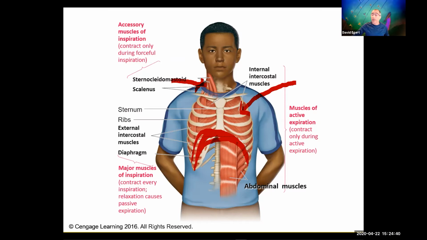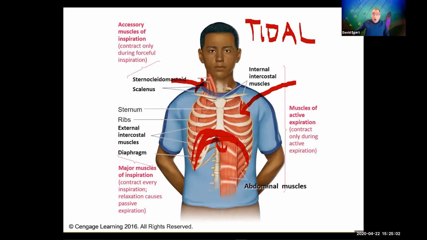For quiet breathing we call tidal breathing. Tidal, like the tides running in and out. The diaphragm is only going up like a centimeter or so, and the pressure differences are only a few millimeters of mercury to drive the normal breathing.